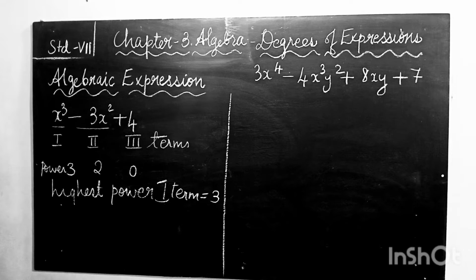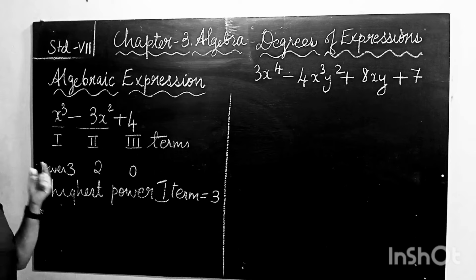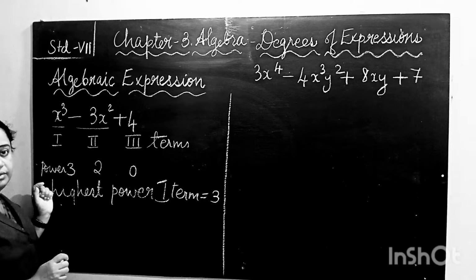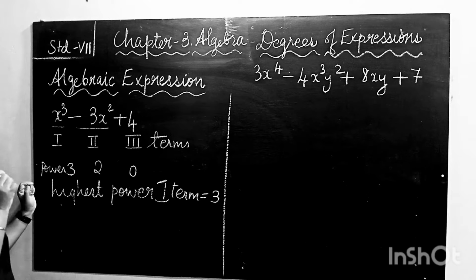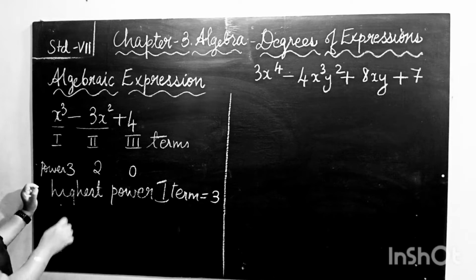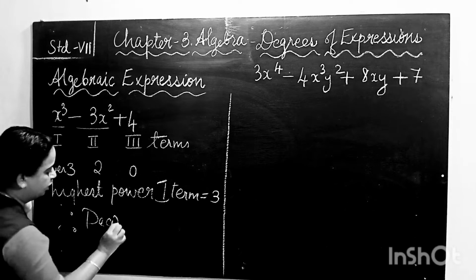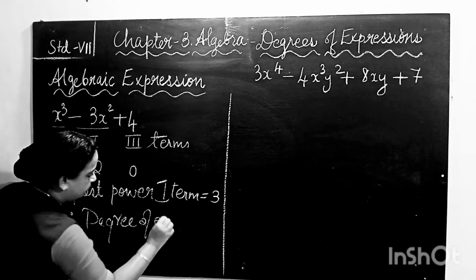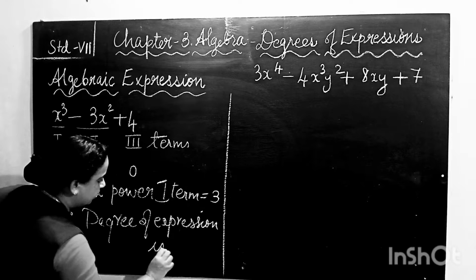The highest power among the terms of an algebraic expression is called the degree of the expression. So in this algebraic expression, the highest power is 3, therefore the degree of the expression is 3.